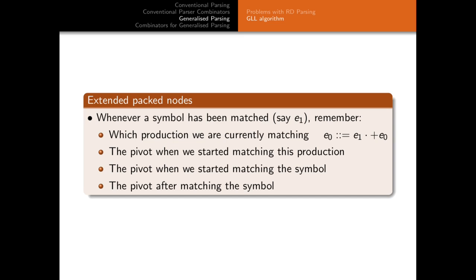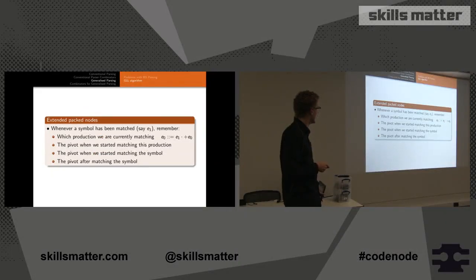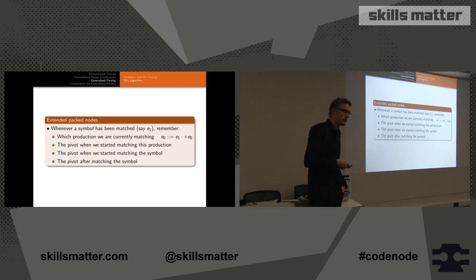We must also remember the pivot when we started matching the symbol. In this example, these two coincide, because when we started matching the production, we also started matching E1. And we must remember the pivot after matching the symbol. The intuition is that when running this generalized parsing algorithm, we have a set of all these pack nodes. We have a lot of this information, which is sort of being printed out. You can think of this as a trace.